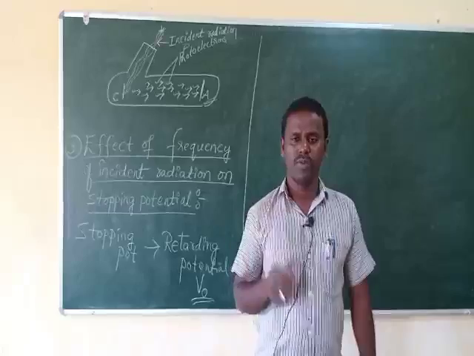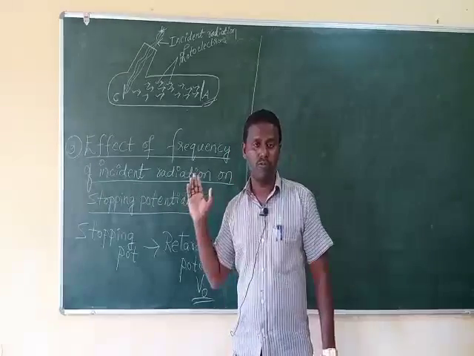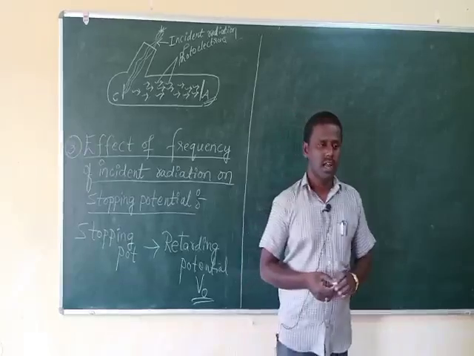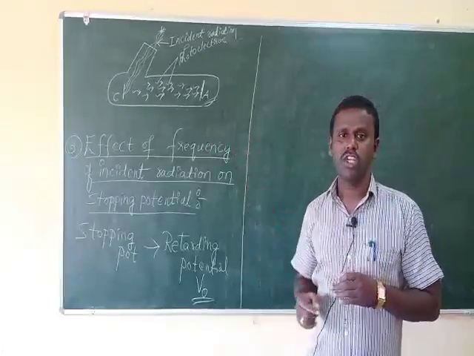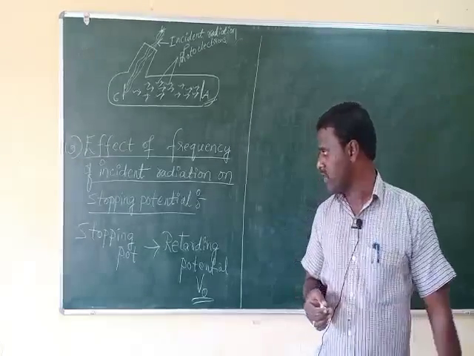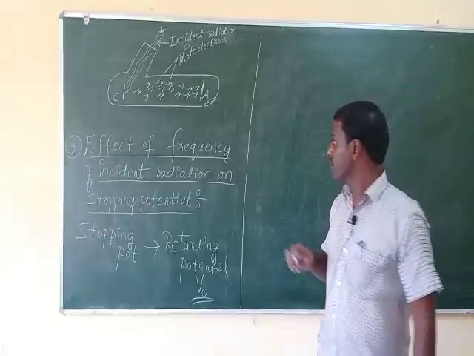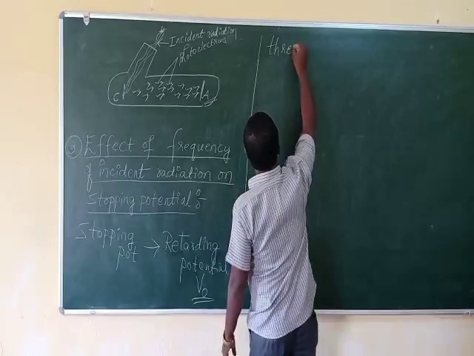That is called frequency. For the photoelectric effect, the light that is sent to the plate C should have a particular frequency, and that frequency is called threshold frequency.